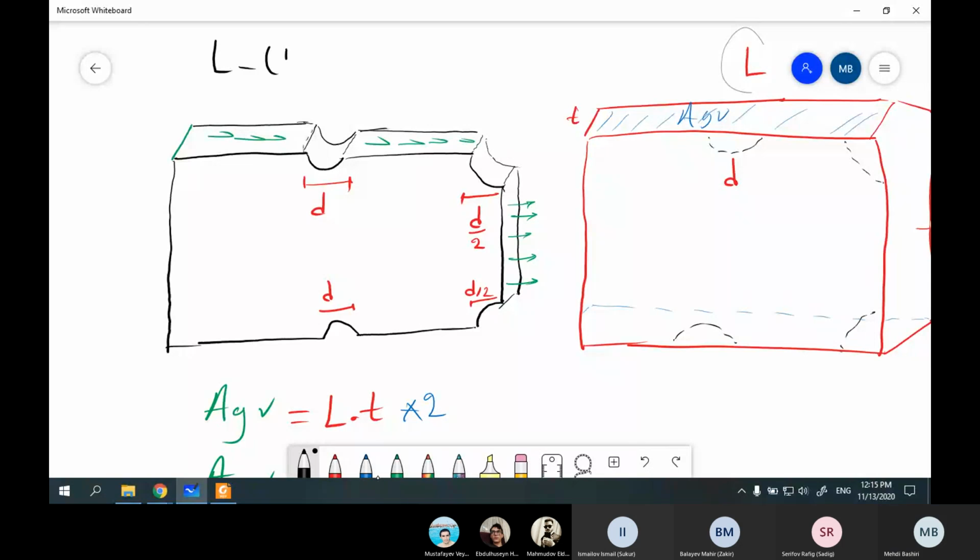So minus 1.5 D dot T, and as I said, we have another one in here, dot 2.